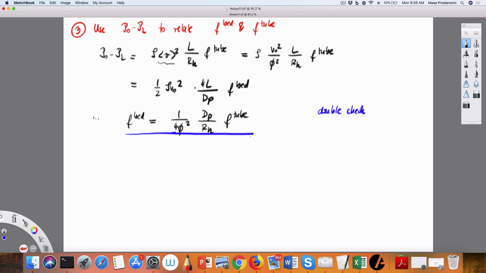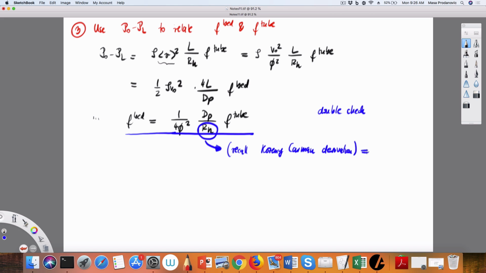And now, RH is not something that I know how to measure right now, so I want to express it. Recall the Kozeny-Carman derivation.